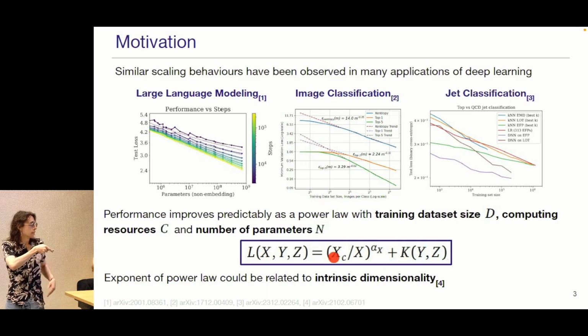It has a constant, the parameter you're scaling with its exponent, which is just the slope you see in these log-log plots, and a constant, which is the plateau you see.